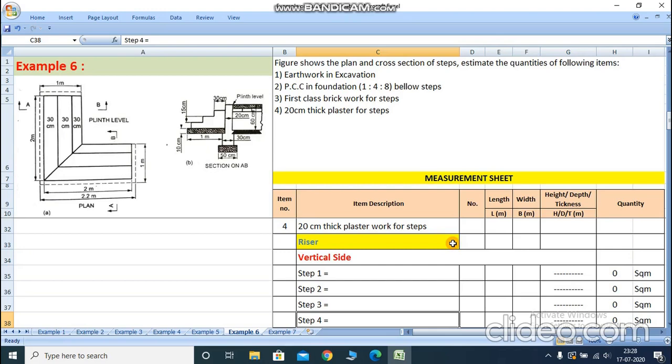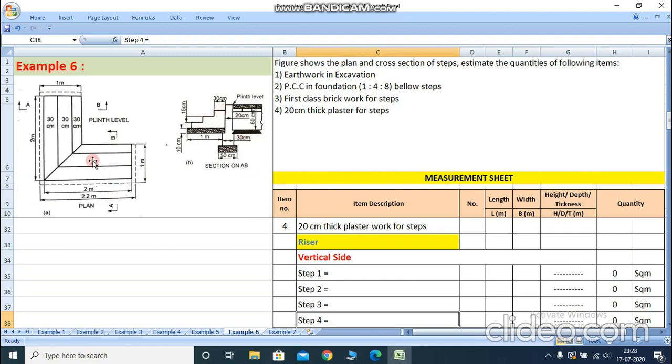So here riser, so what is riser? It's the vertical side of the step. See this cursor point, so this is called riser. And tread is where we put our foot. Clear? So this portion is the tread portion, this portion is the riser portion: tread, riser and tread.